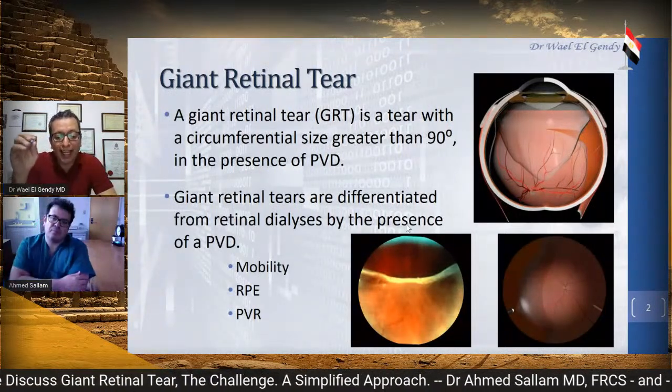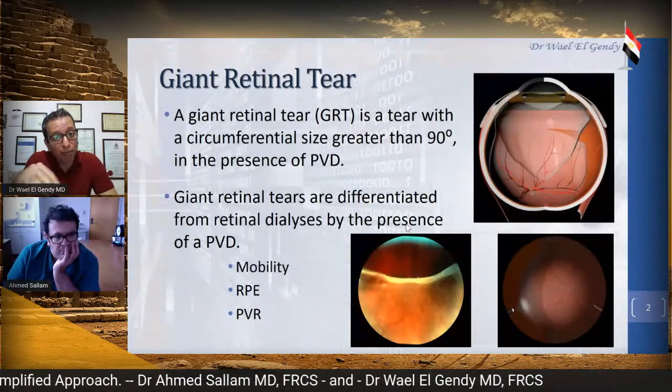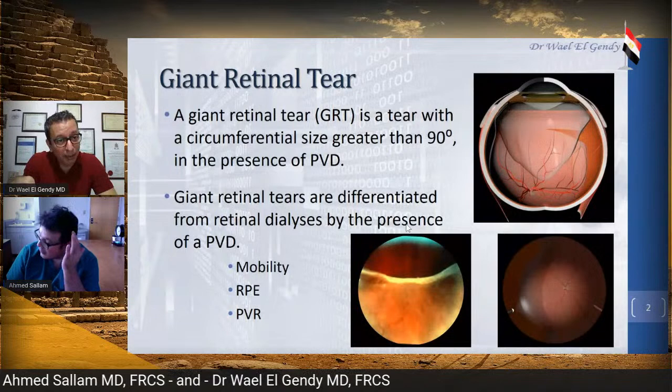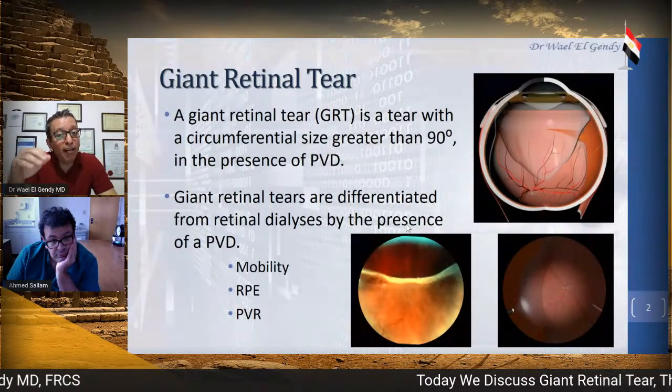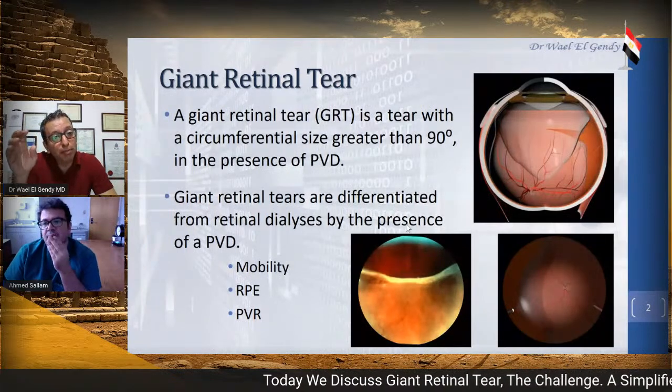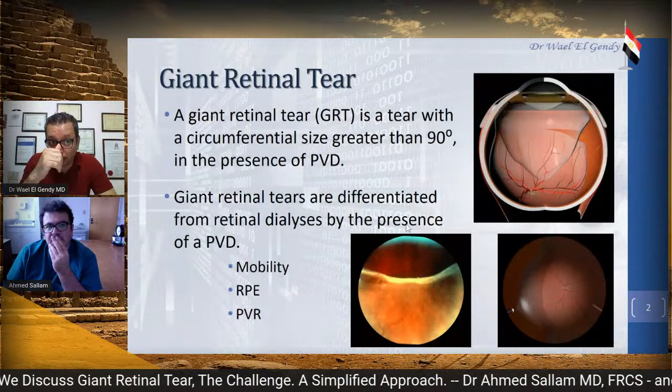So in a dialysis, we don't have a posterior vitreous detachment, so the vitreous is supporting the retina, and we have the vitreous base attached to the posterior lip of the retina.